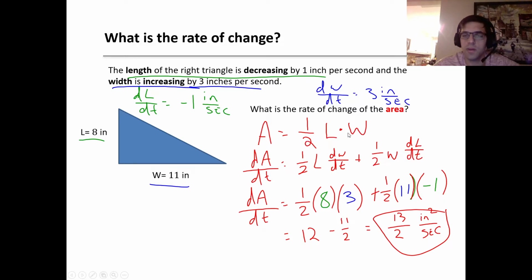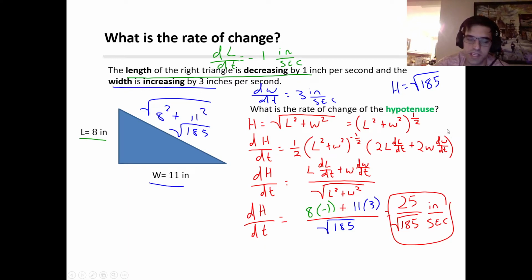Again, we have L times W, so we do product rule, and we differentiate L and W implicitly with respect to t, so we have dw dt and dl dt. So here's our derivative equation: we have L dw dt and W dl dt, we plug those in, and we get our final answer in inches squared per second. This is a positive value, so the area is growing by 6.5, or 13/2, inches squared per second.